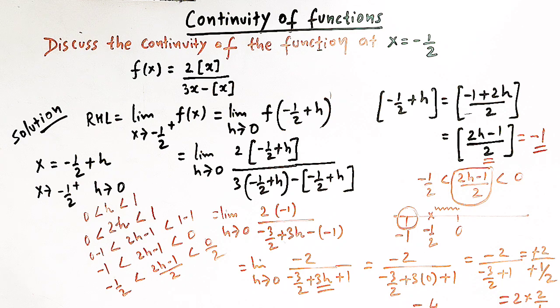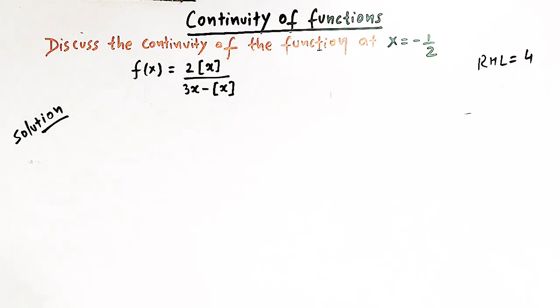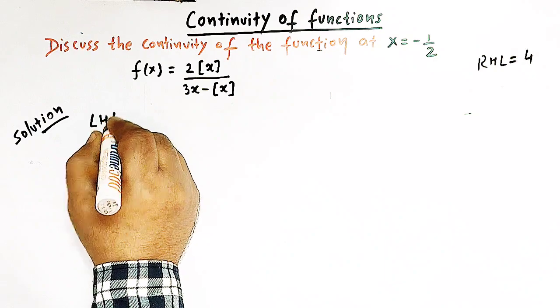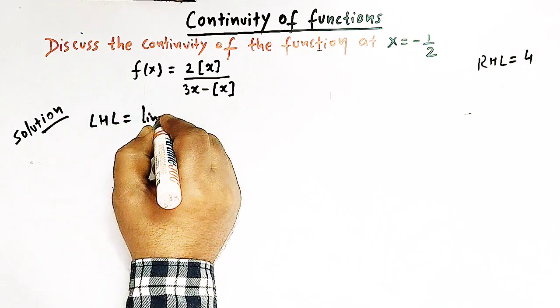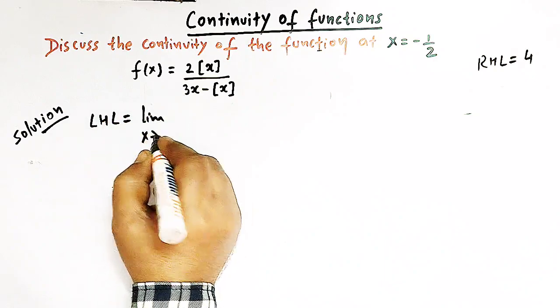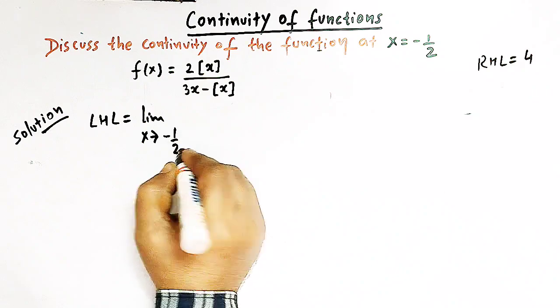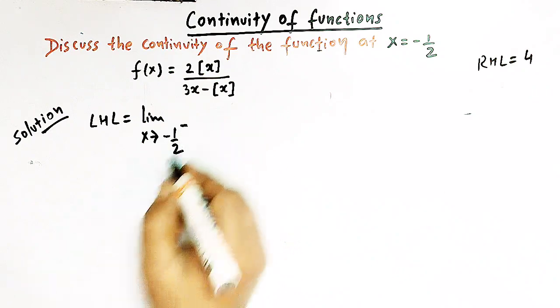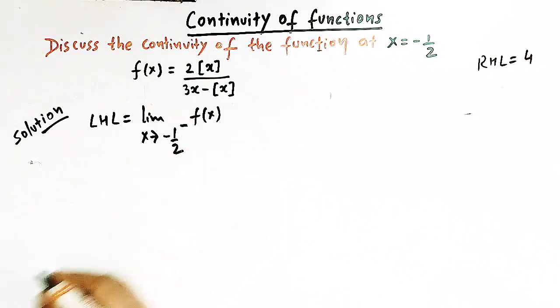Let us now calculate the value of the left hand limit. So the left hand limit can be written as the limit as x tends to -1/2 from the negative side of f(x).